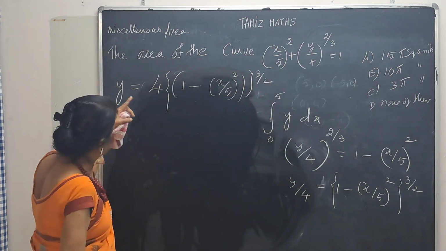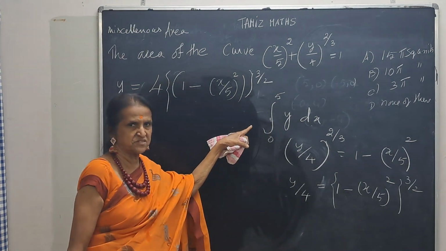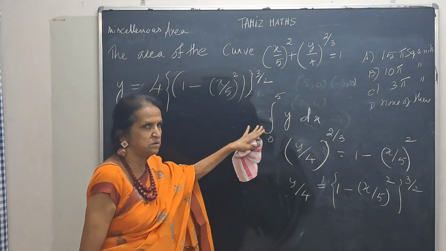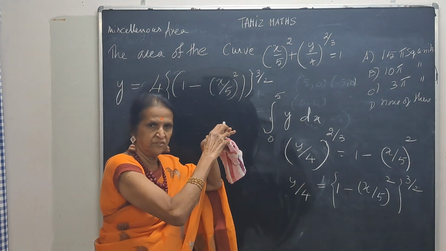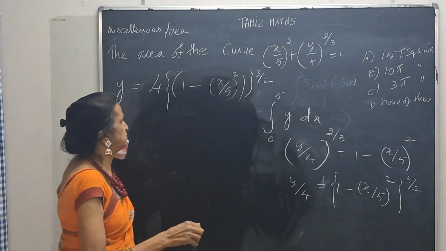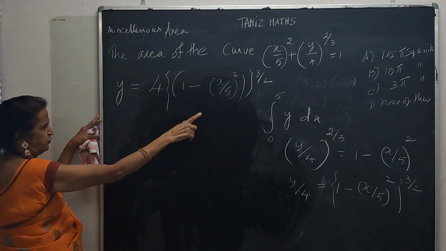Now, 4 times this integral of y dx will be our answer. This is only for one particular quadrant that I have found out, and like that we will have 4 times. So this is y, for one quadrant.